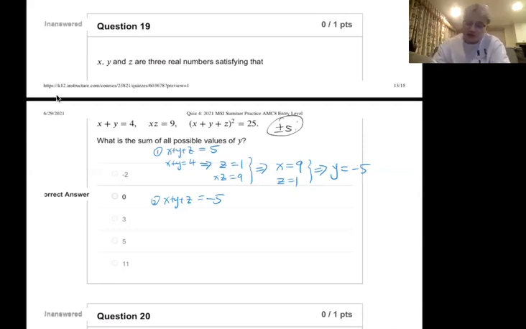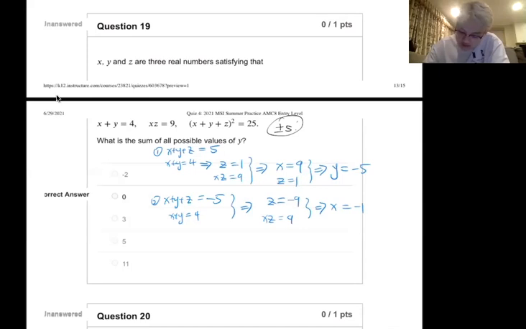And we solve the second case too. x plus y plus z equals negative 5. Knowing that x plus y equals 4, we get z equals negative 9. And knowing that xz equals 9, we get x equals -1.